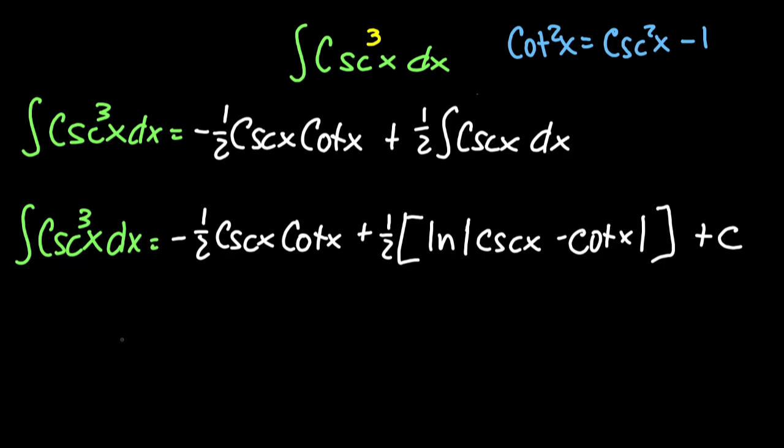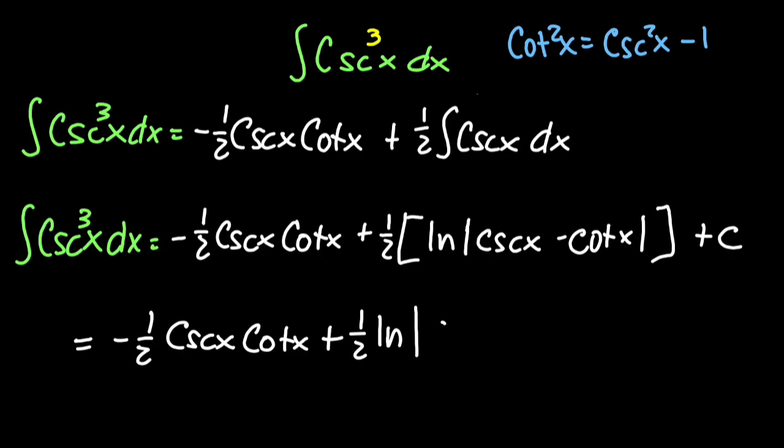And now our final answer regarding the integral of cosecant cube of x would be equal to negative 1/2 cosecant of x cotangent of x plus 1/2 multiplied by the natural log of the absolute value of cosecant of x minus cotangent of x plus the constant of integration.